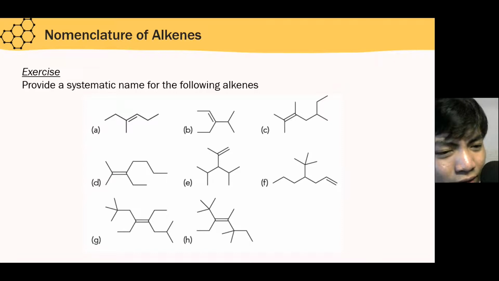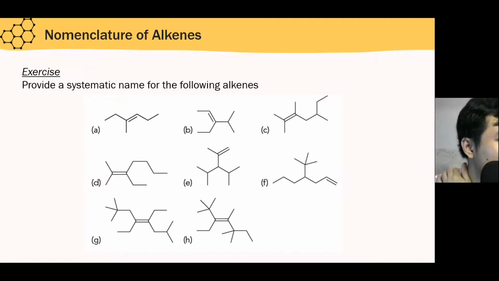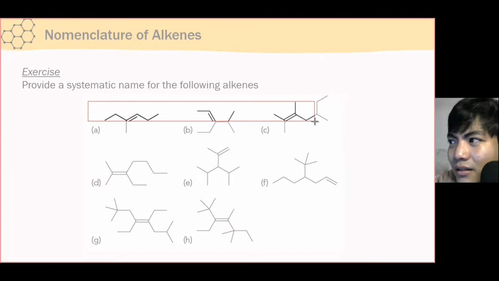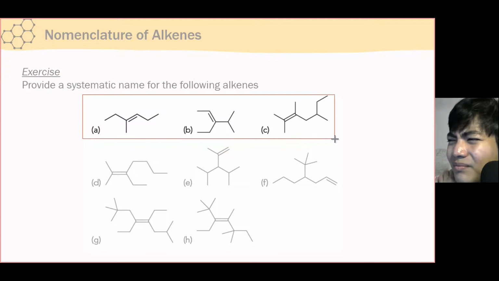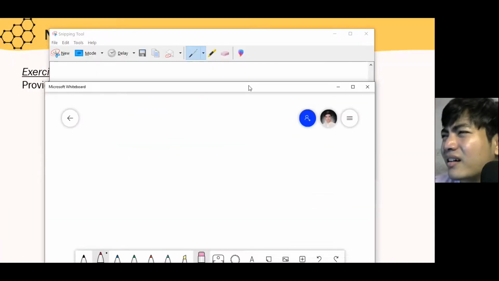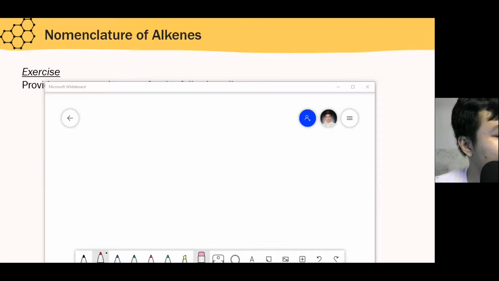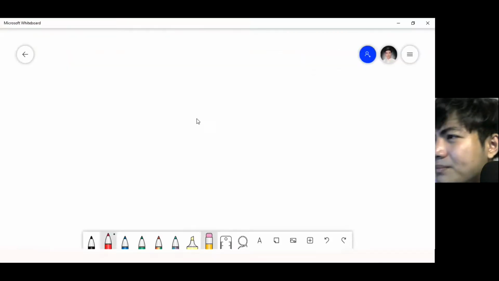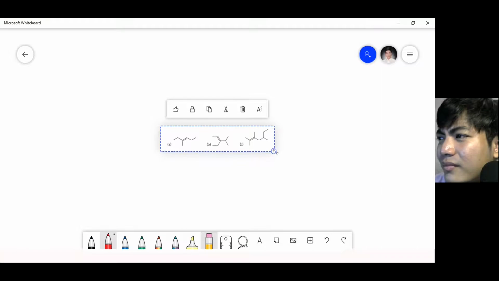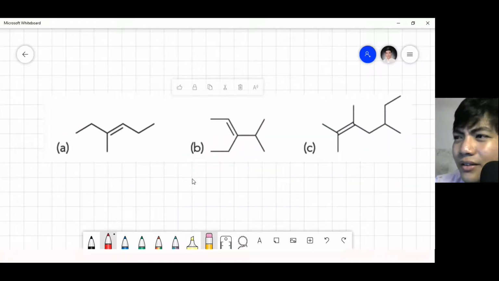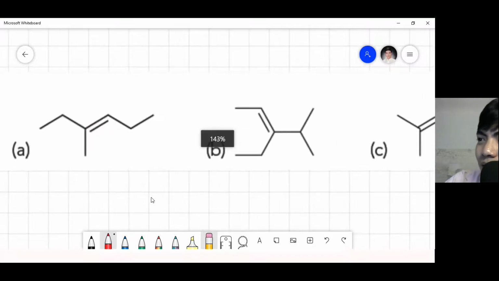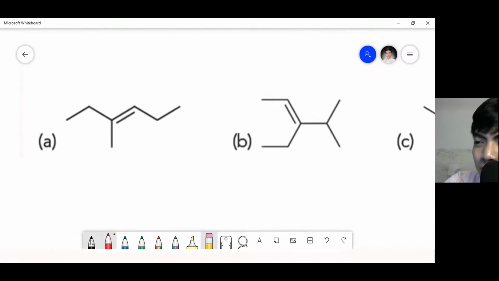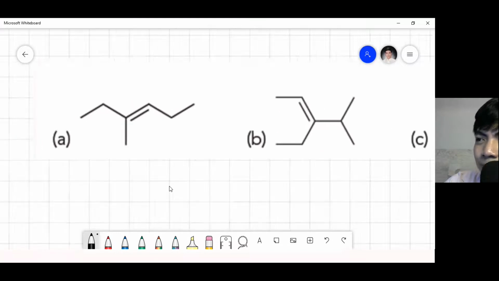Okay, so there we go. We have our alkenes here. Again, I will not answer all of these, those in the PowerPoint, only these three.